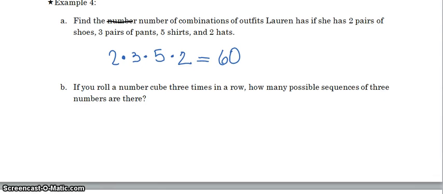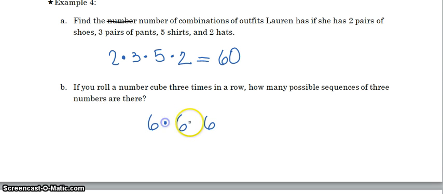And the same thing happens with rolling a cube. If you're going to roll a cube 3 times in a row, how many possible sequences of 3 numbers are there? So a cube has 6 possible outcomes. So you're going to do it every time. There's only 6 possible outcomes.